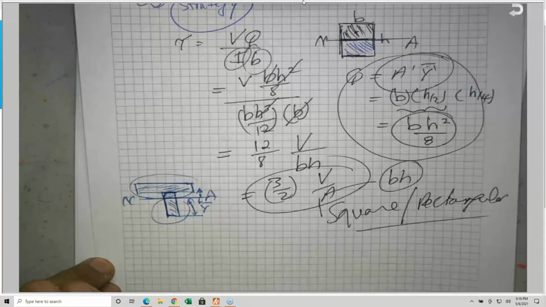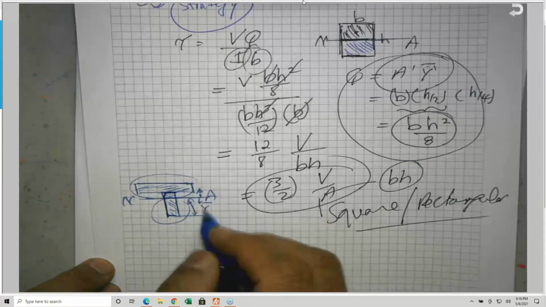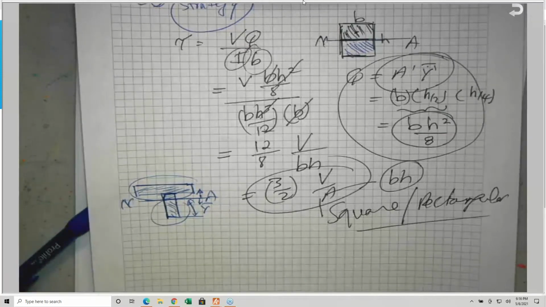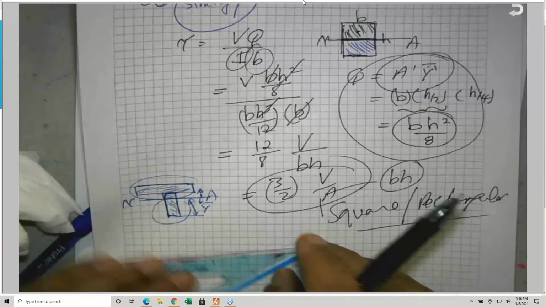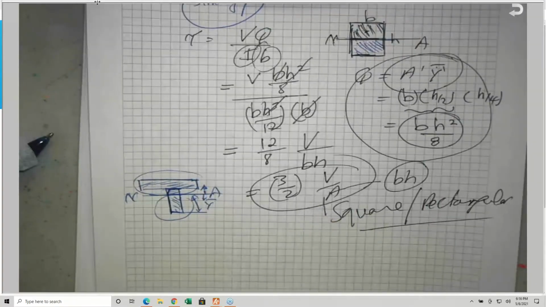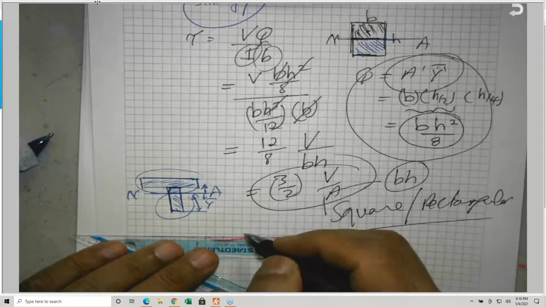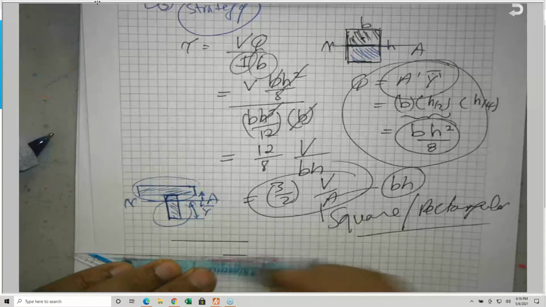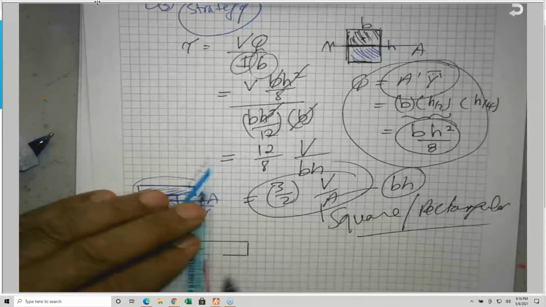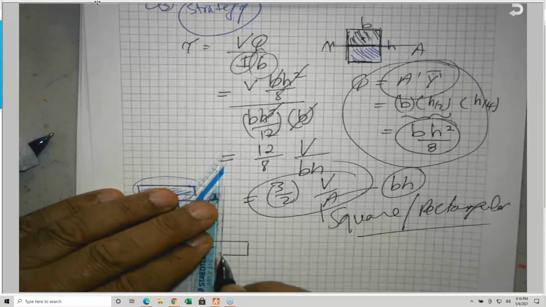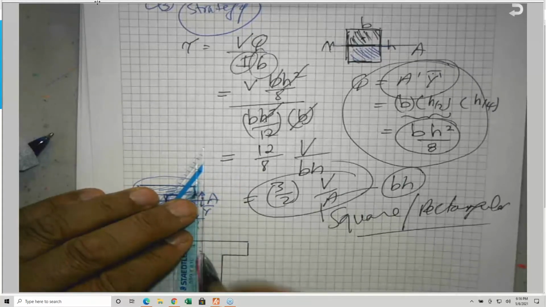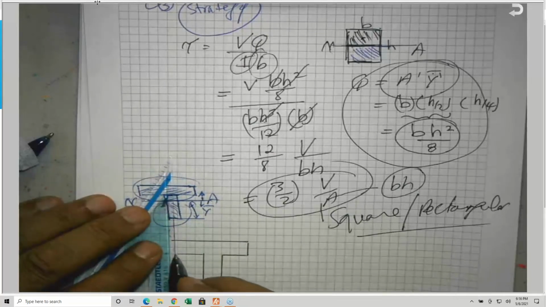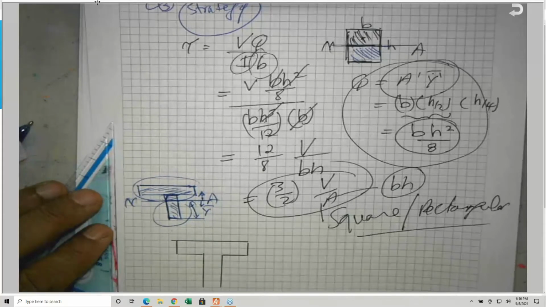And as for the shear stress, for this T-beam, the transverse shear stress distribution is like this. I believe I included a problem on this, because they might ask you about it. Excuse me, allergies.